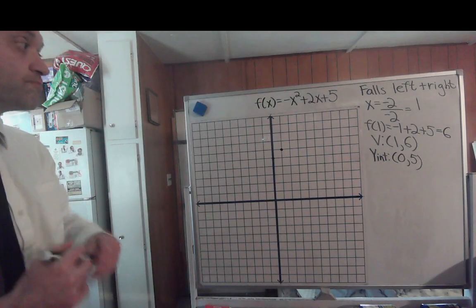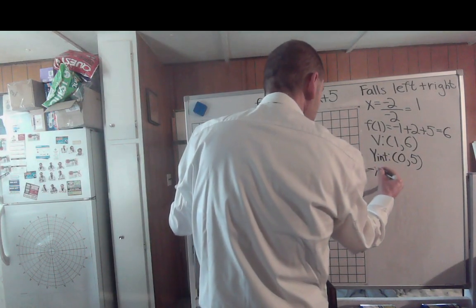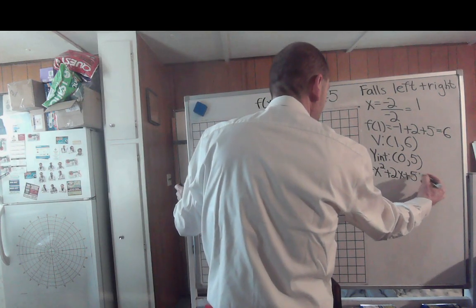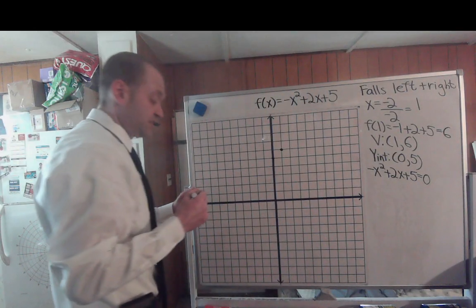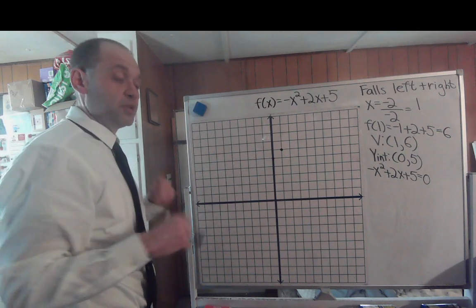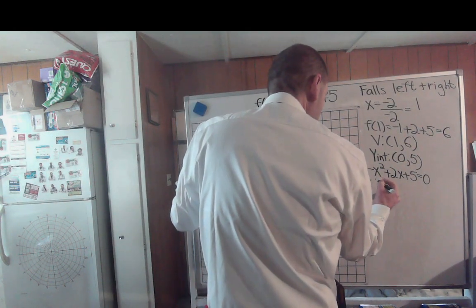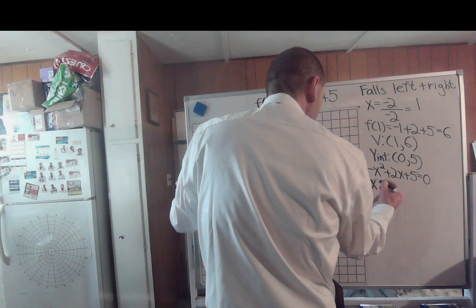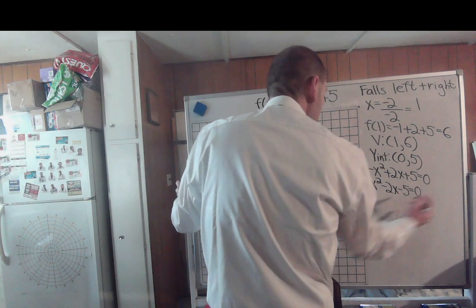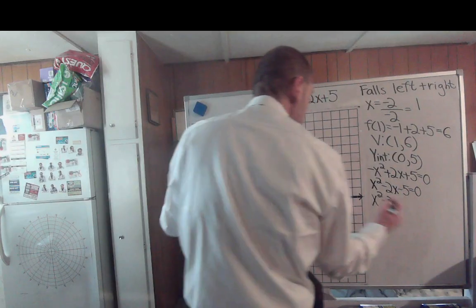Alright, now let's look for x-intercepts. So we have to set negative x squared plus 2x plus 5 equal to 0. And uh-oh, this does not factor very nicely. But we can complete the square. First, let's factor out a negative 1 from both sides. You would end up getting x squared minus 2x minus 5 equals 0. So to complete the square, you'll have x squared minus 2x.